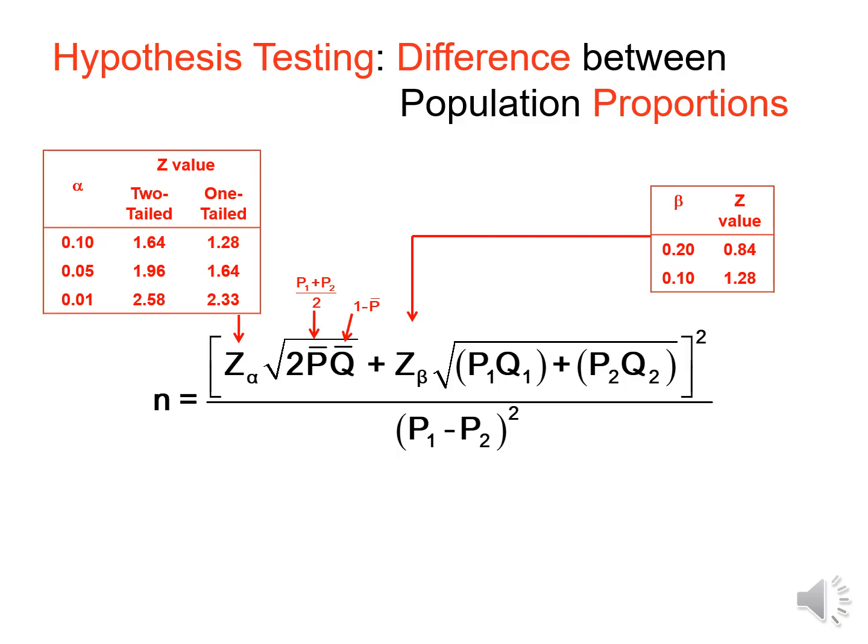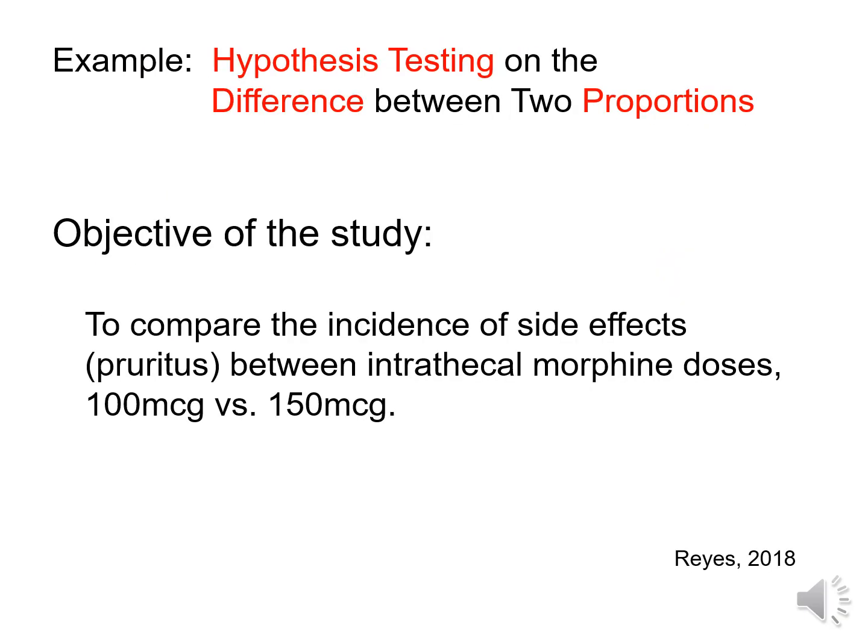In this example, how large should the sample size be in each of the two groups of patients if the researcher wishes to detect a significant difference in the incidence of pruritus between two different doses of intrathecal morphine with a power of 80% at 5% level of significance?